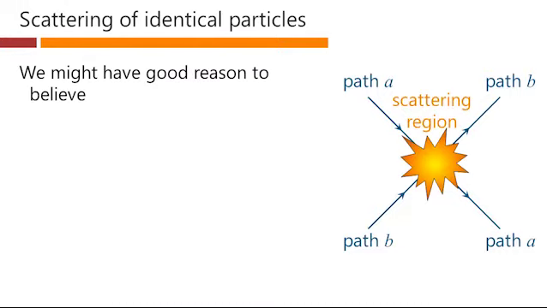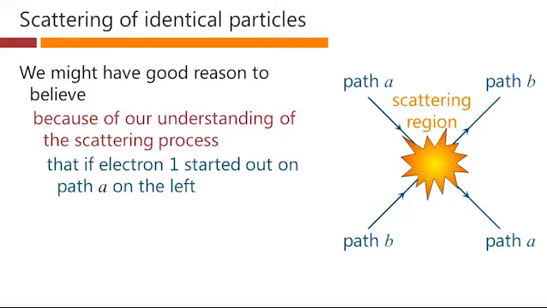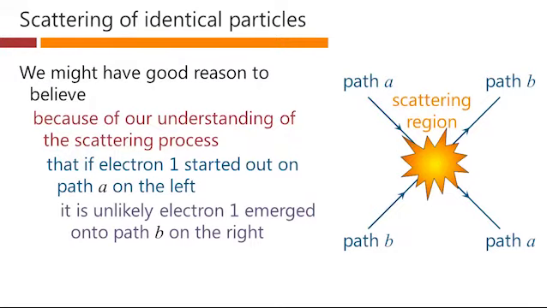We might have good reason to believe, because of our understanding of this scattering process in here, that if electron 1 started out on path A on the left, it is unlikely that electron 1 emerges on path B.